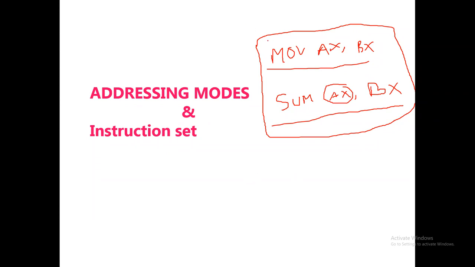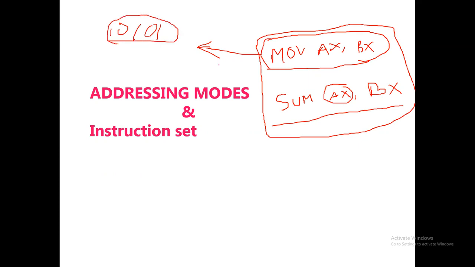Our computer understands this instruction when converted to binary code, 0, 1, 0, 1. This is the machine language, the method that computers understand.